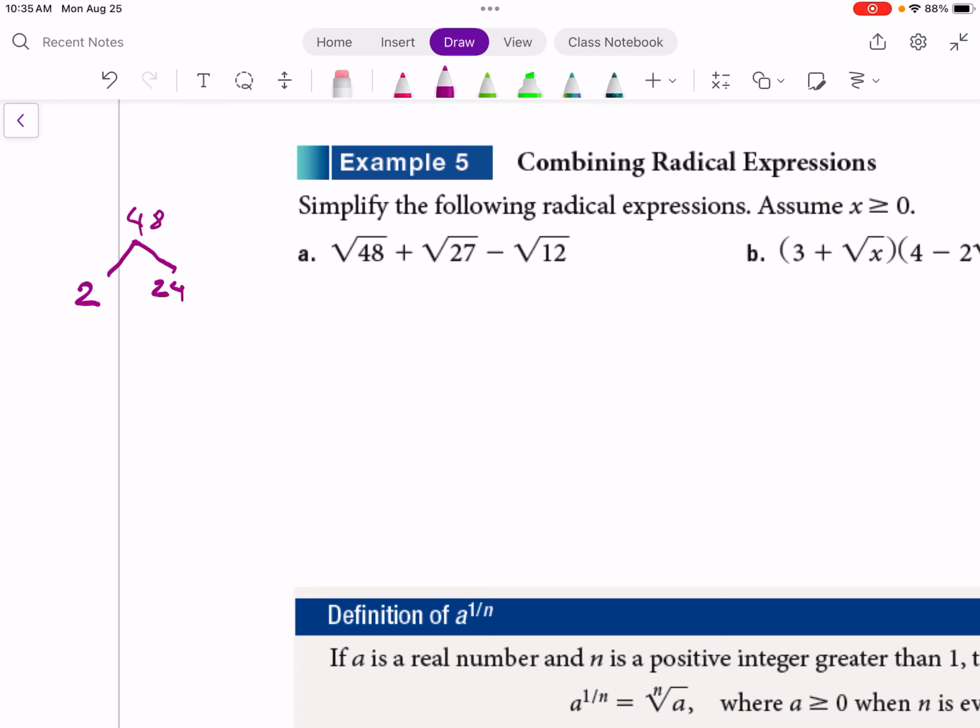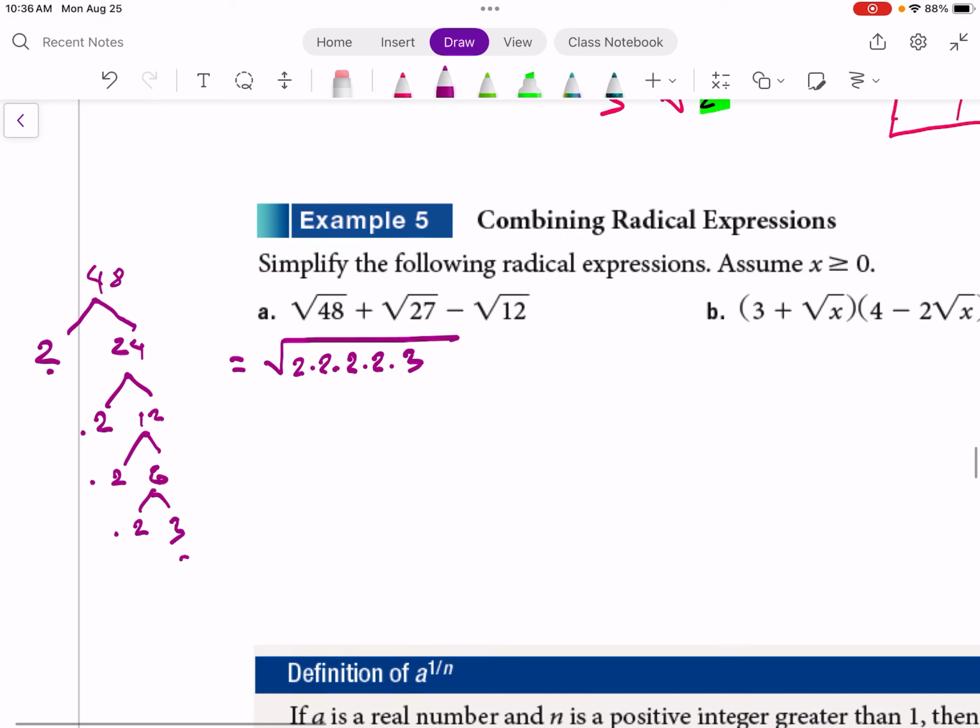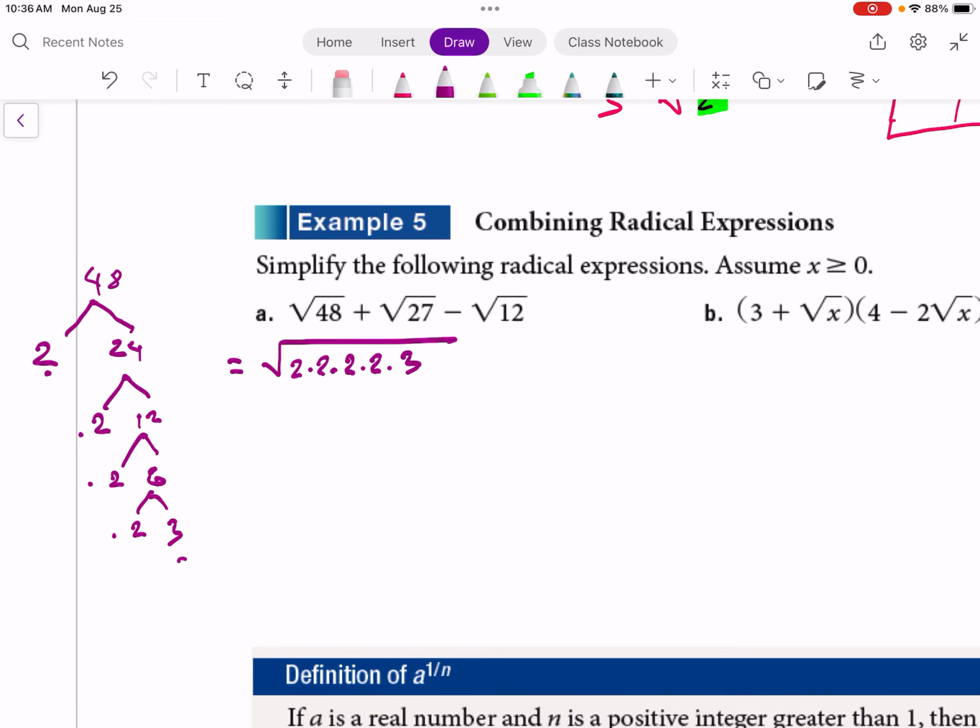You are not required to show this; if you can do this in your head, that's fine. 24 is 2 times 12, 12 is 2 times 6, 2 times 3. So our 48 is 2 times 2 times 2 times 2 times 3. So this is 48.